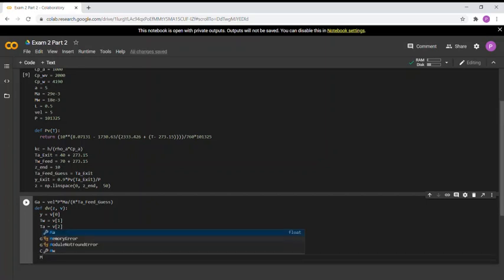Then we have M, the average molar mass, equals GA over G water M water plus G air over M air.